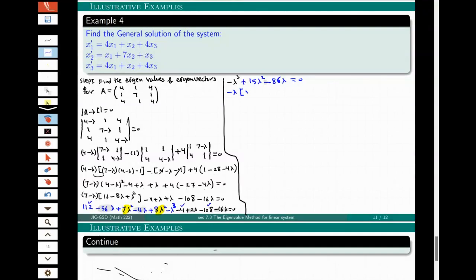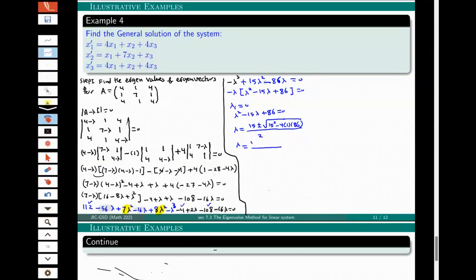Now, taking the minus lambda common factor, so that will be lambda squared minus 15 lambda plus 86 equal to 0. Anyway, so either lambda 1 is equal to 0 or lambda squared minus 15 lambda plus 86, numbers are not good, is 0. We can say lambda is equal to minus b, which is 15, plus or minus root of 15 squared minus 4 times 1 times 86, divided by 2 times a.